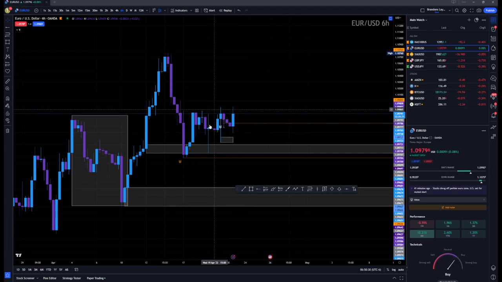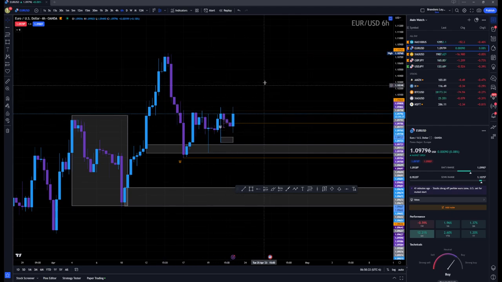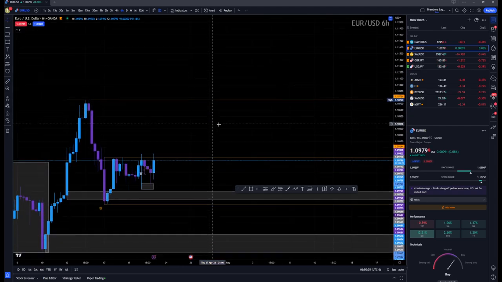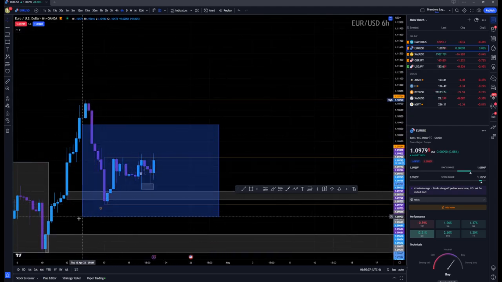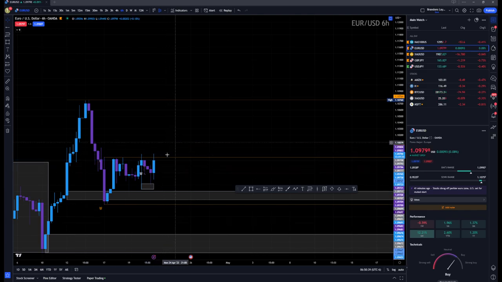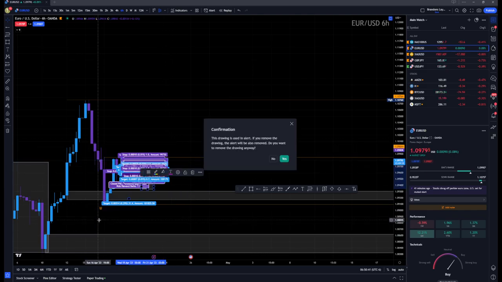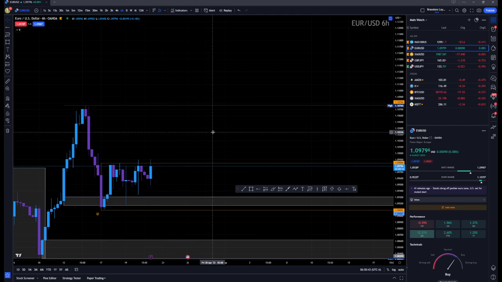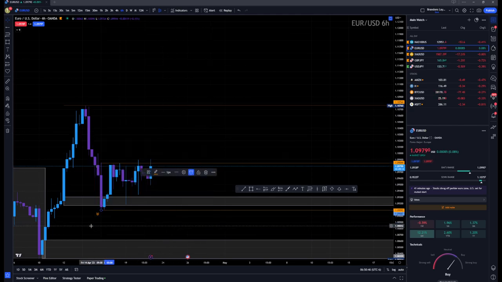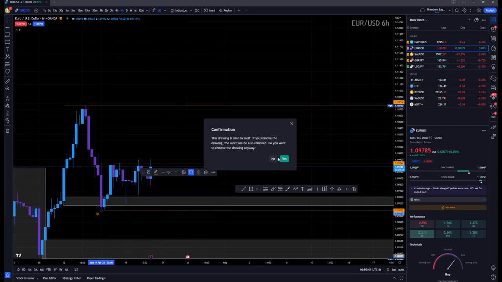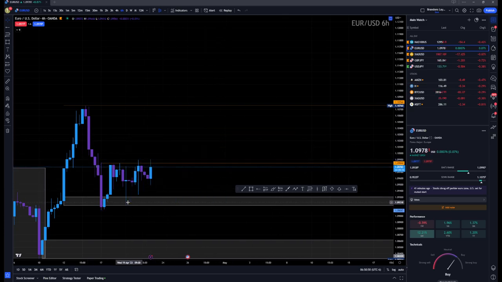So with all of that being said, let's go ahead and obliterate a lot of this previous price action or previous markings that we had on our chart. Let's do that. Yeah, let's delete. Fantastic.